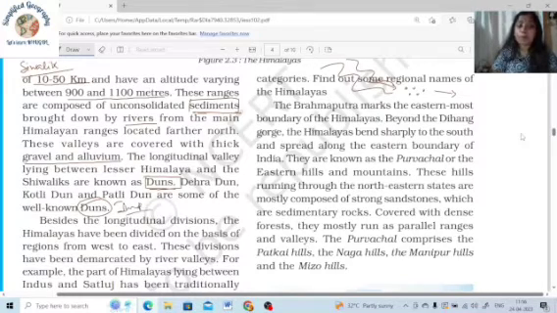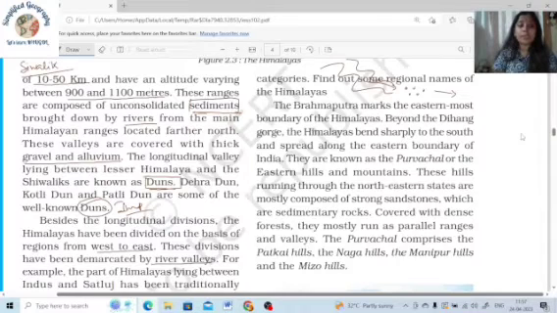A very important thing: besides the longitudinal division, the Himalayas have been divided on the basis of regions from west to east, right? These divisions have been demarcated by river valleys.